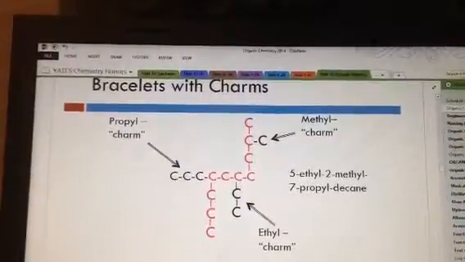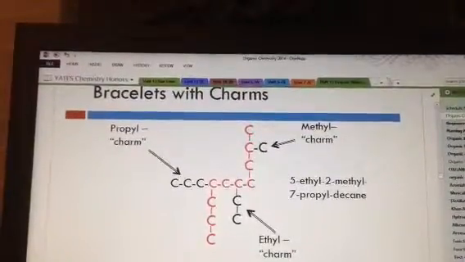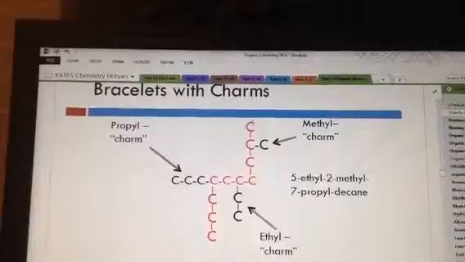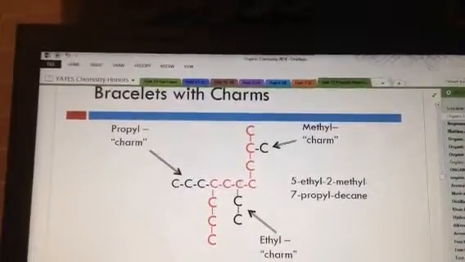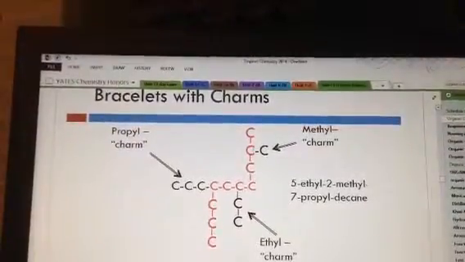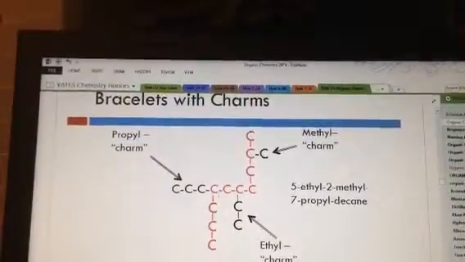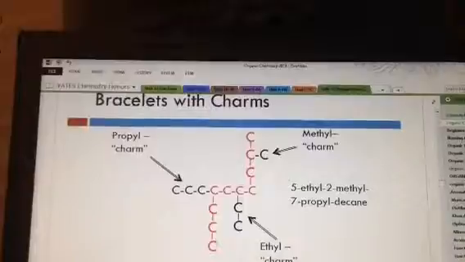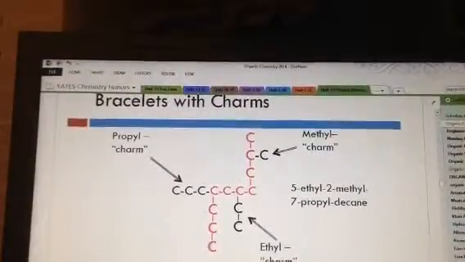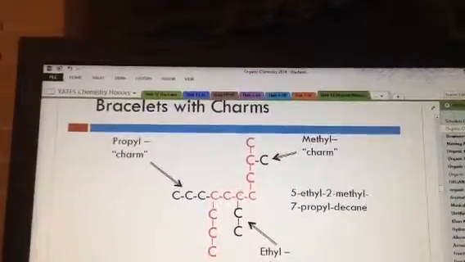This was determined by counting both directions and getting the lowest score. If I would have started at this one, I get 1, 2, 3, 4, 5, 6, 7. I get 2, 5, and 7. If I count this direction and go from the bottom to the top, my chains are at 4, 6, and 9.